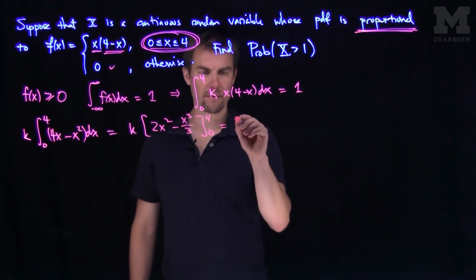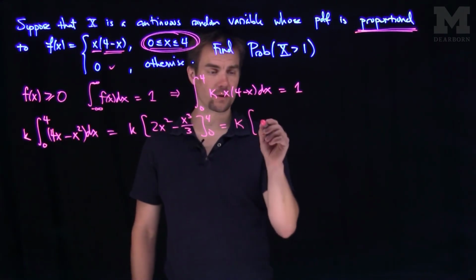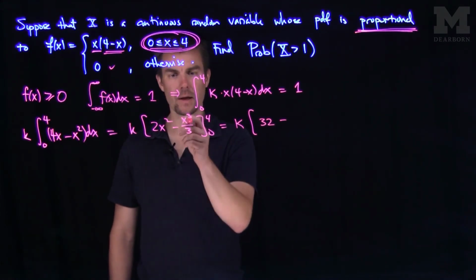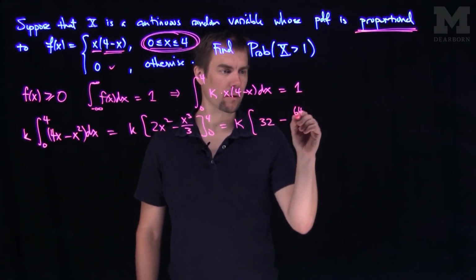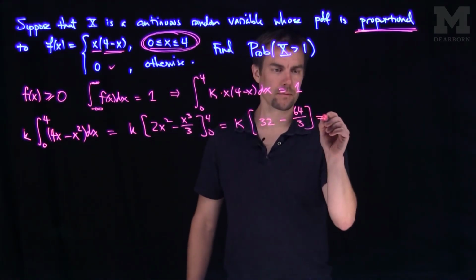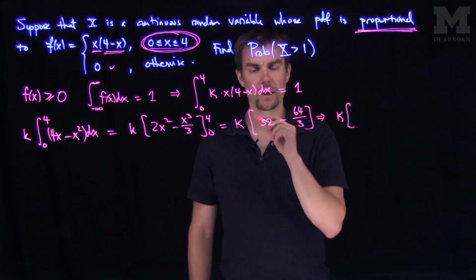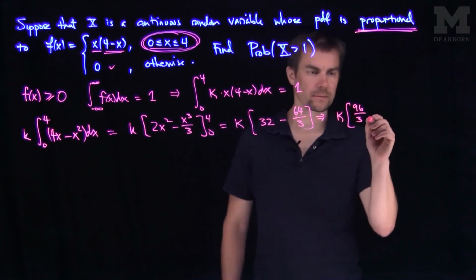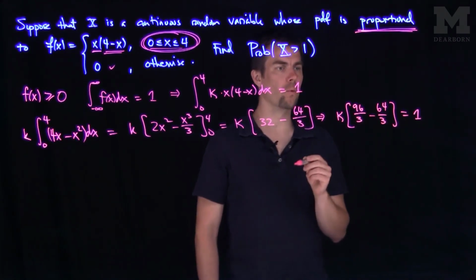If I plug in 4, I'm going to have 16 times 2, that's 32, minus 4 cubed, which is 64, over 3. So we know that k times 32, which is 96 over 3, minus 64 over 3, has to be equal to 1.